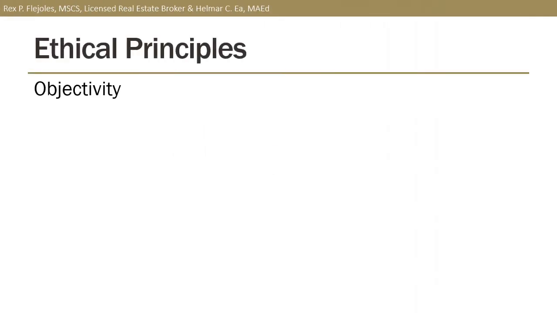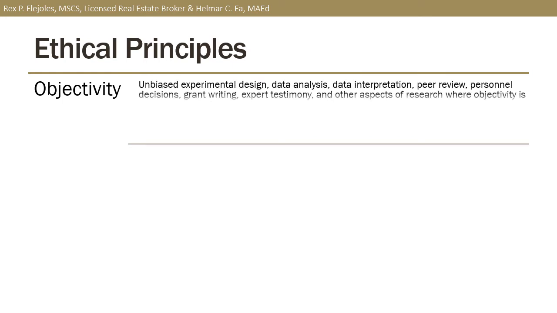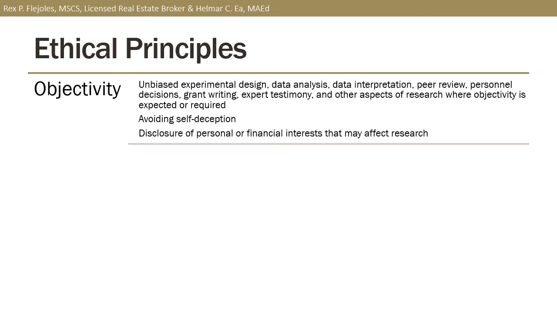13th, on objectivity. Avoid bias in experimental design, data analysis, data interpretation, peer review, personal decisions, grant writing, expert testimony, and other aspects of research where objectivity is expected or required.